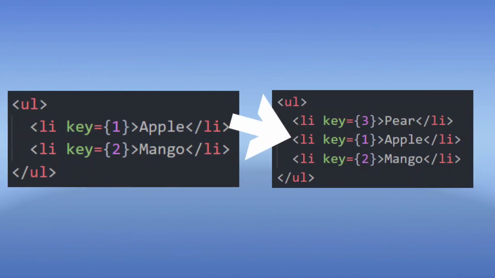It is checking the keys, apple and apple is there, it will just do a comparison, nothing is changed. Mango and mango is there, nothing is changed. But pear comes at the very top, it has a new key, so React will not re-render the whole list, but it will just simply add the pear at the very beginning. And now the list won't be re-rendered as React will keep track of each and every element. This is the way keys play a very vital role in the list.